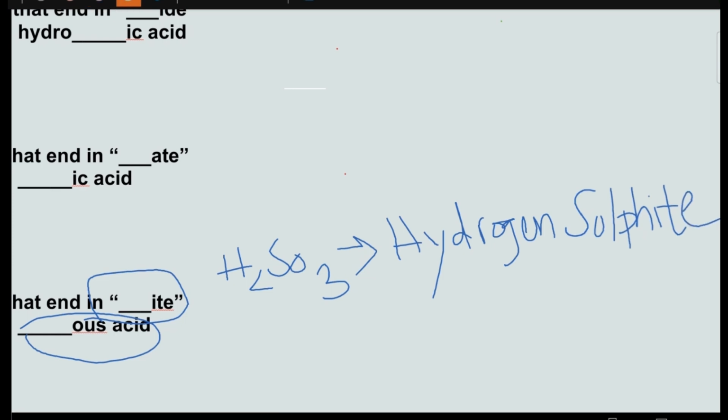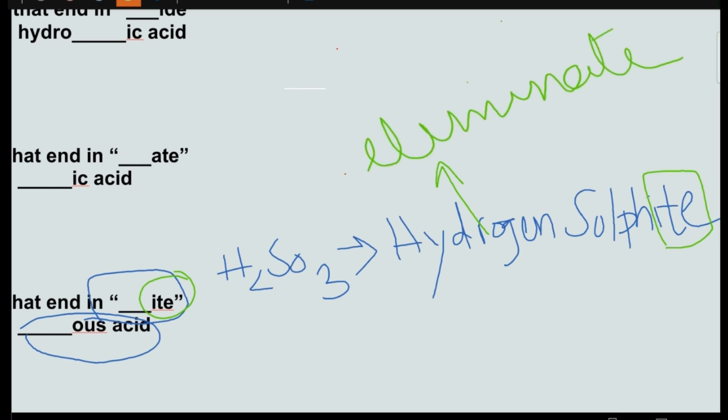So if we had to name this compound as an acid, we have to replace this ITE with OUS and add acid to it. Also make sure that you're eliminating hydrogen, because when we mention acid, it already means that it has hydrogen ions. We don't have to mention hydrogen separately. So according to the rule, the name of the acid will be sulfurous acid.